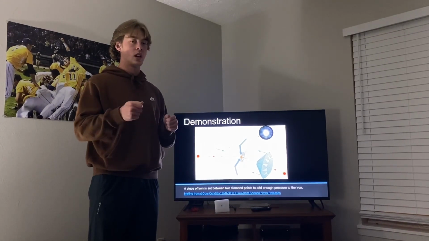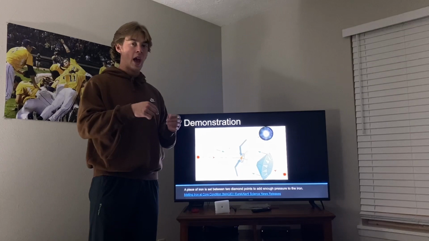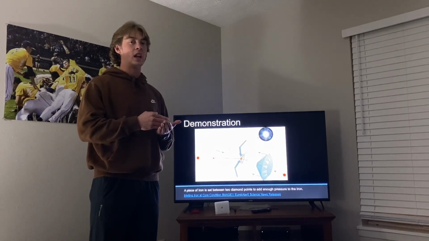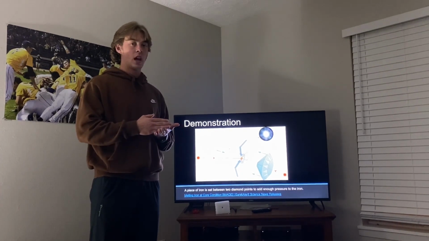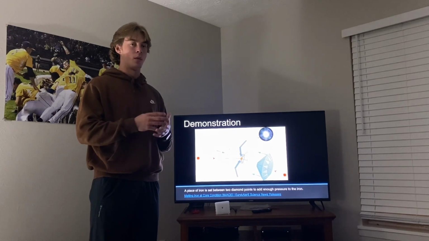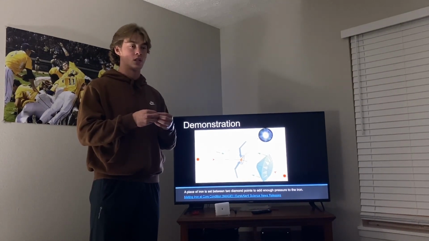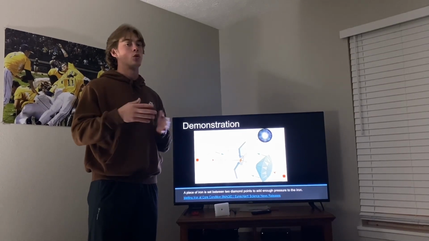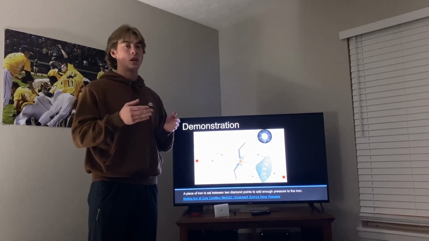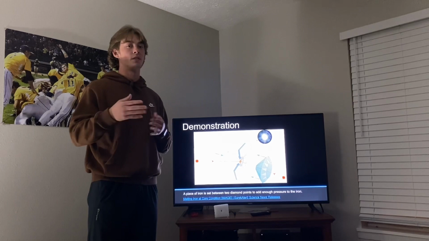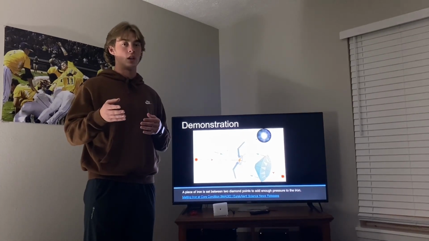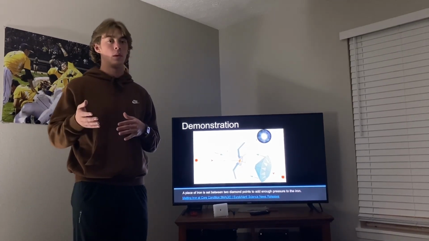They then take a laser pointer and shoot it at the piece of iron to heat it up past its melting point. The pressure that the diamonds are holding is 2 million atmospheres or more, and they heat the piece of iron to 3,000 to 5,000 degrees, which is past its melting point.